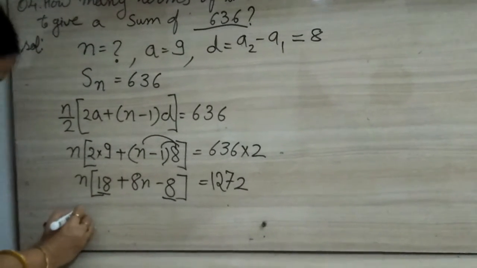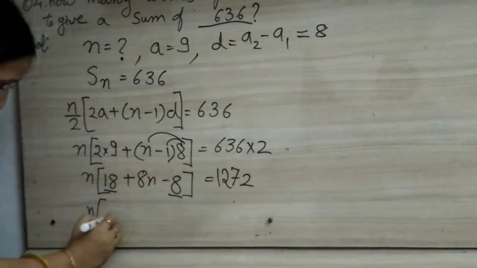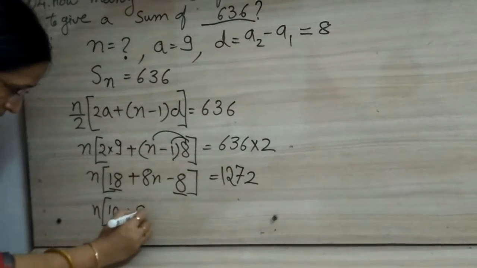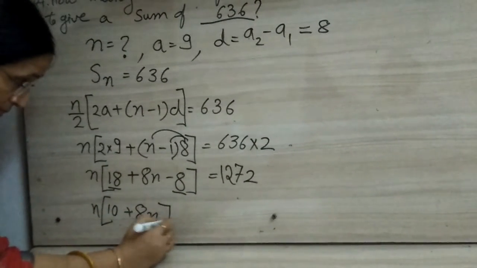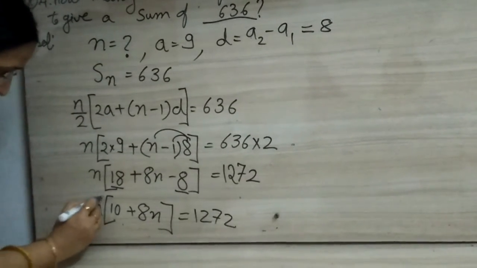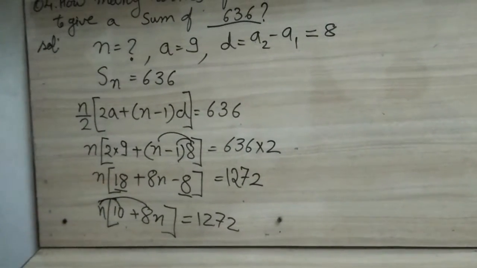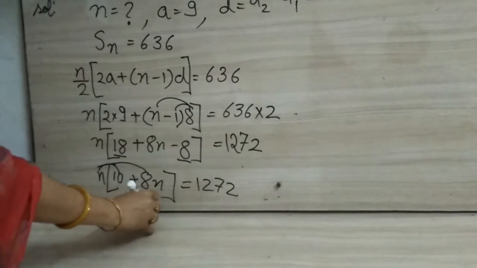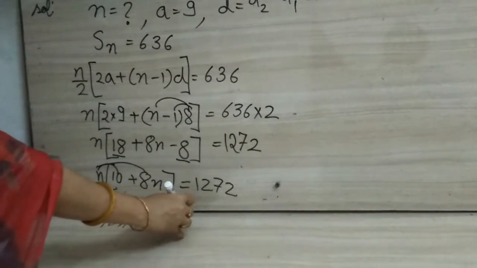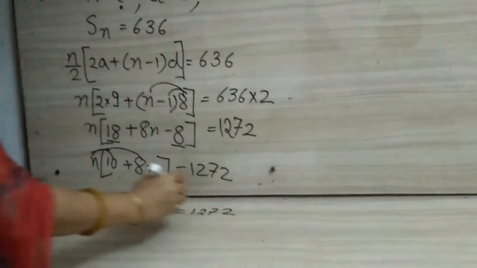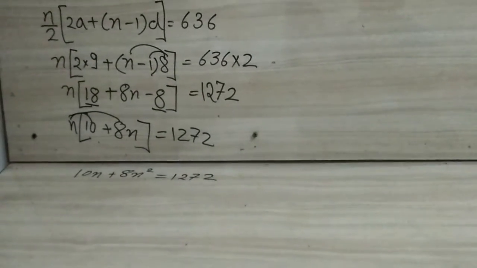So it will become n into bracket 18 minus 8, which is 10, plus 8n, is equal to 1272. Now we multiply n in both the numbers. So it will become 10n plus 8n square is equal to 1272.